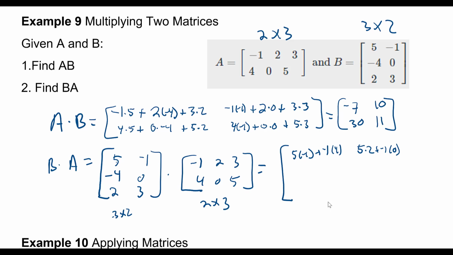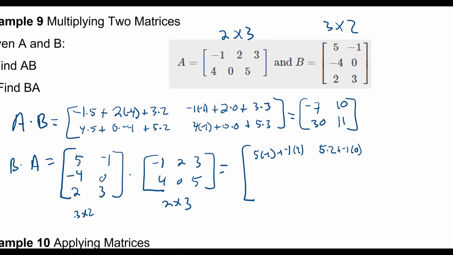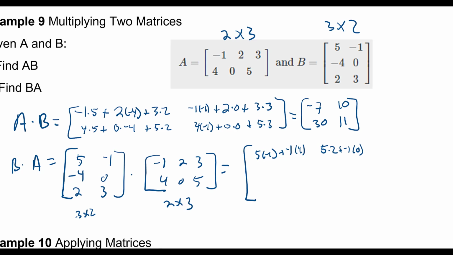Let me move this over because I'm going to run out of space on the screen capture. And then 5 times 3, and then -1 times 5. Okay, got the first row.